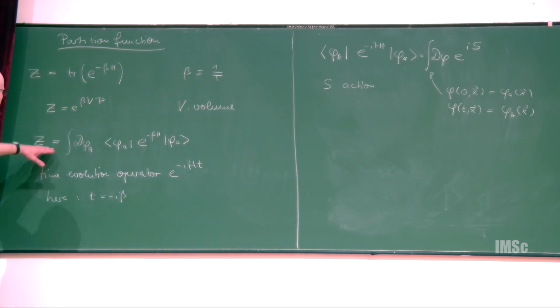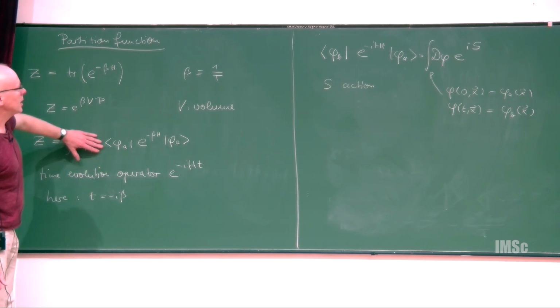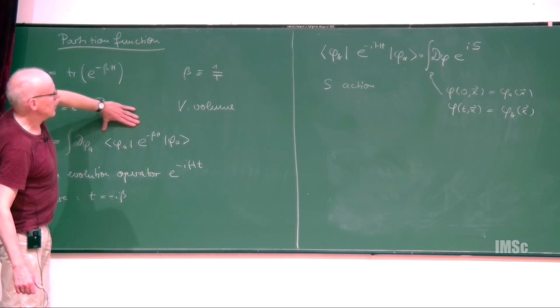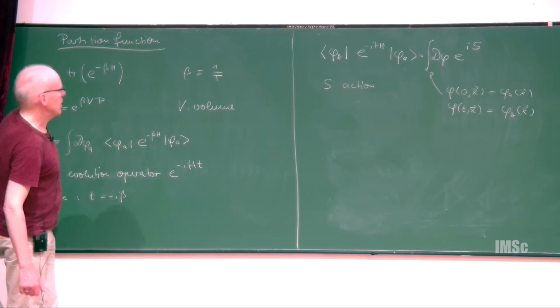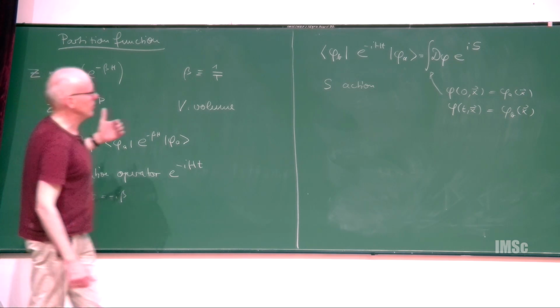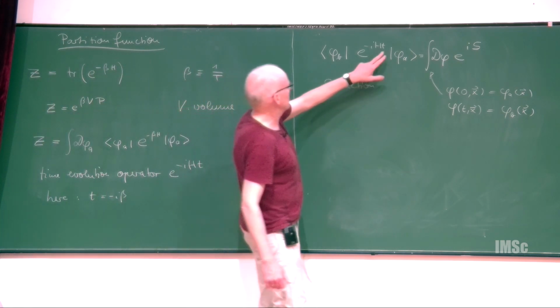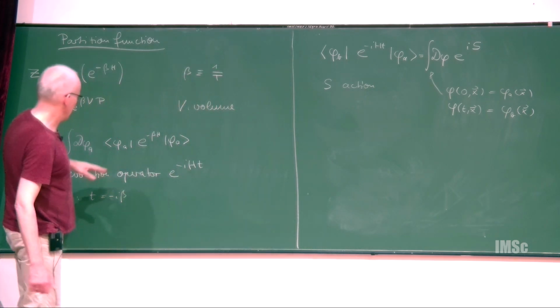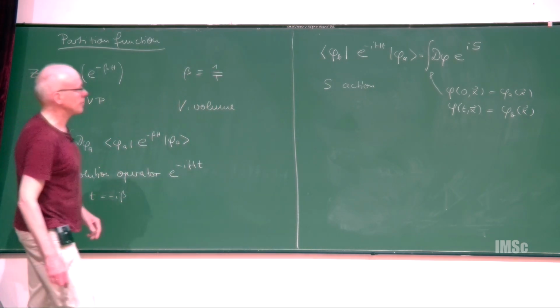And now we see here we have an object of this type. So we can also write this expression as such a path integral, only that it's not evolving from real time 0 to the real time t, but from real time 0 to minus i beta.